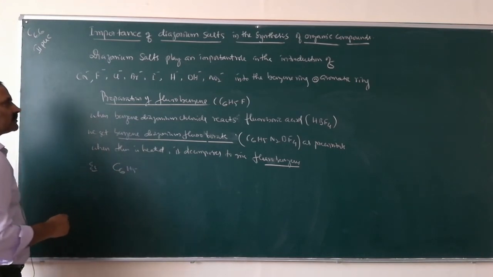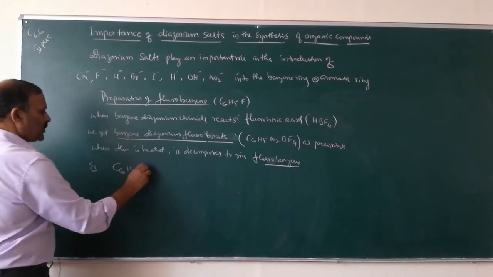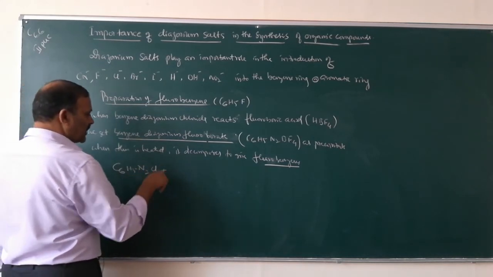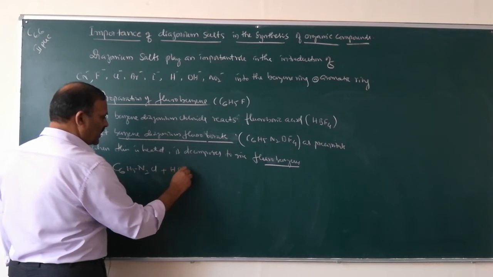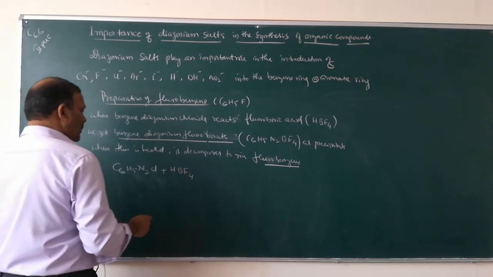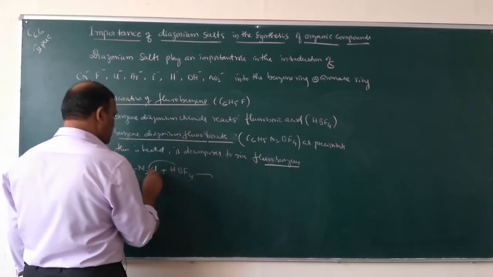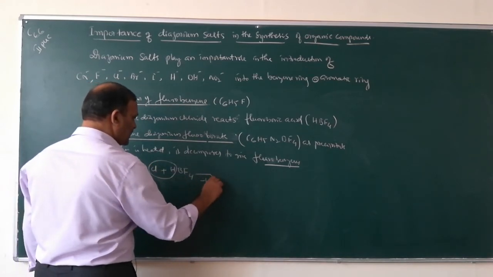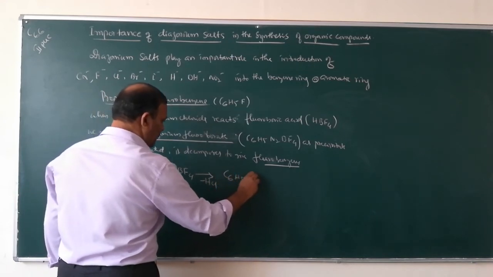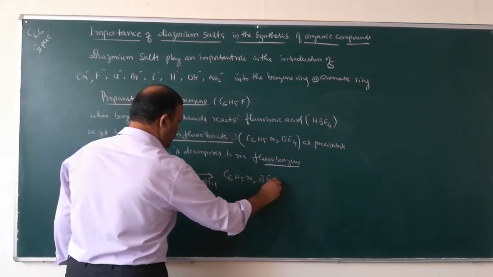So for example, C6H5N2Cl, benzene diazonium chloride, reacts with HBF4. This is fluoroboric acid. What happens? HCl goes out, minus HCl. You will get C6H5N2BF4.